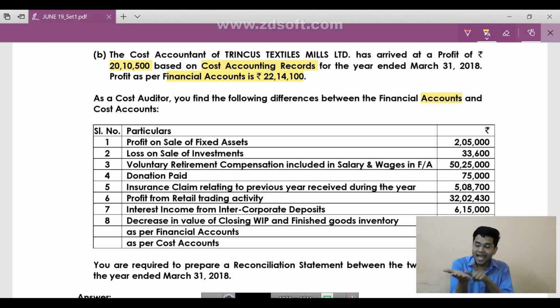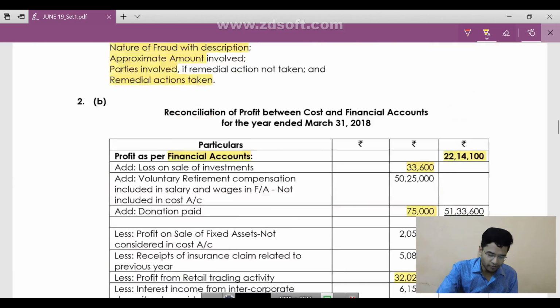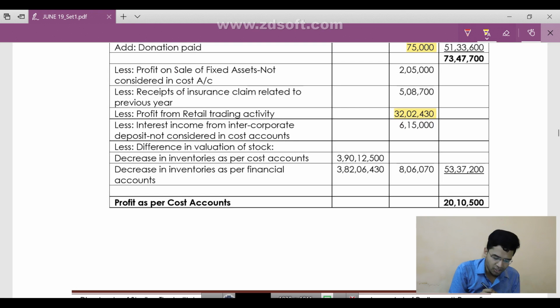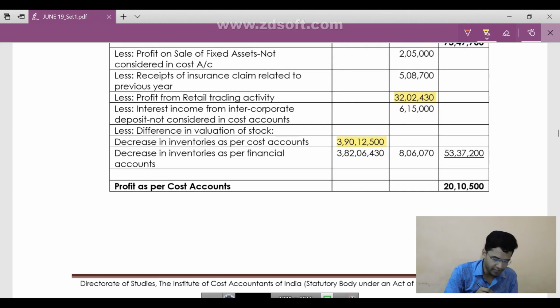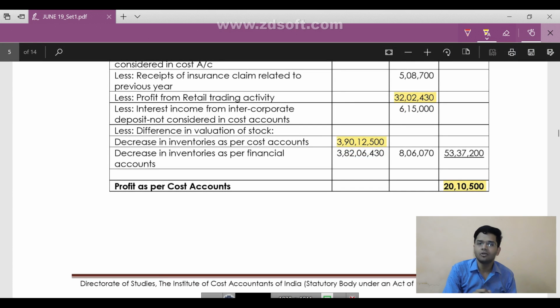So financial profit would have been more and costing profit would have been less, because in costing profit there is additional expenditure. So what do we do to equate both of them? We have to reduce the differential in financial profit. The differential amount has been reduced in financial profit to arrive at the figure of costing profit, and hereby we arrive at the costing profit figure.